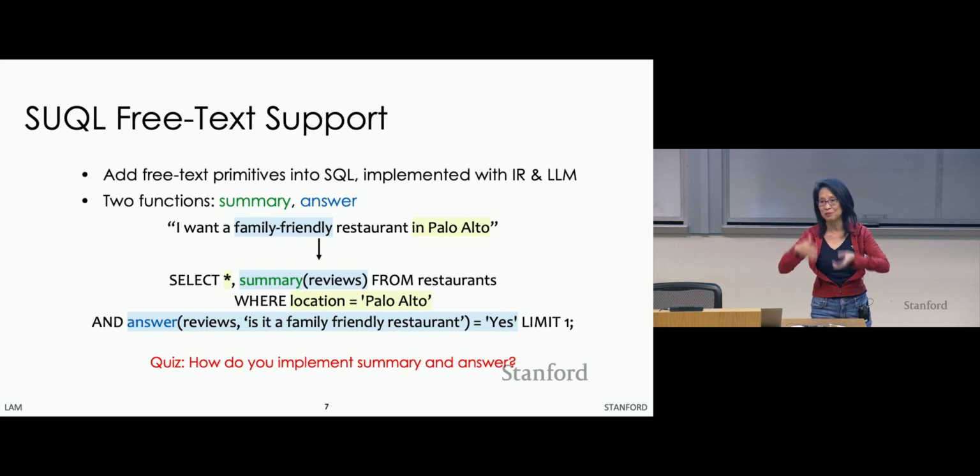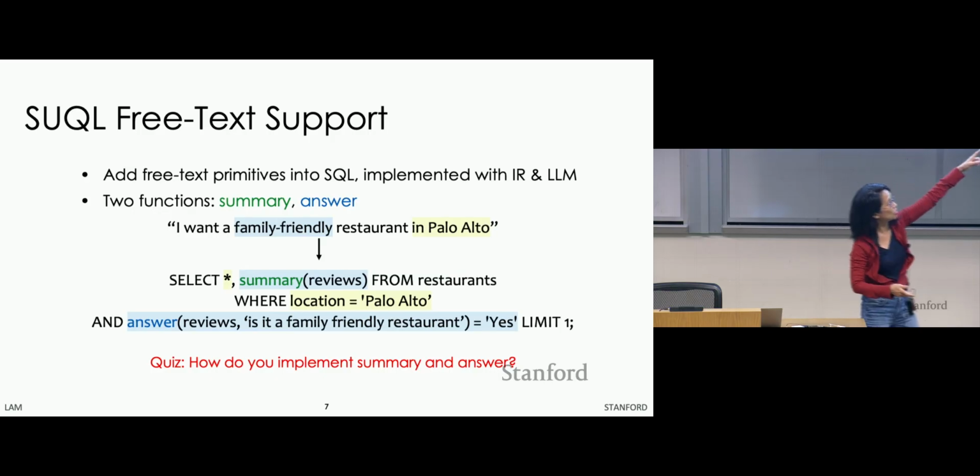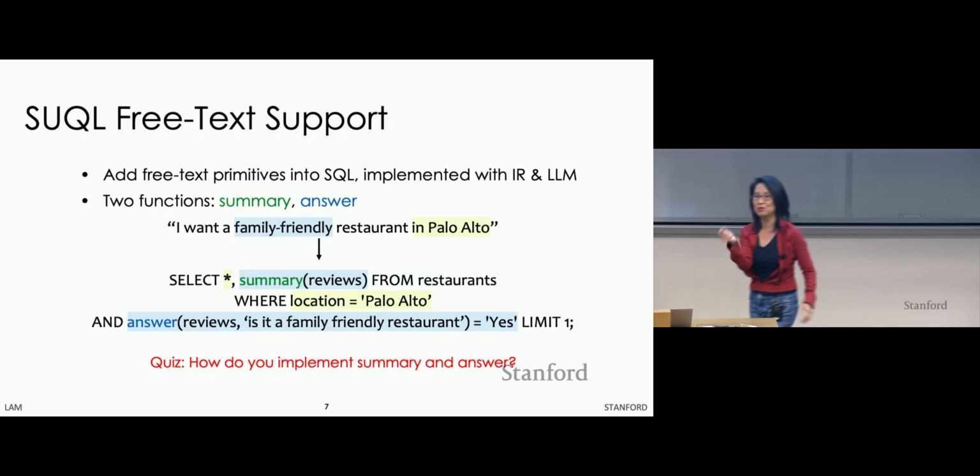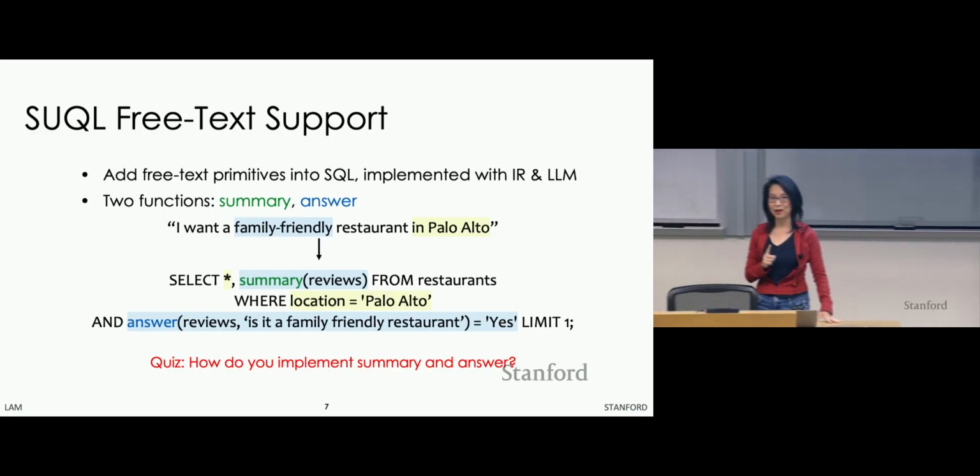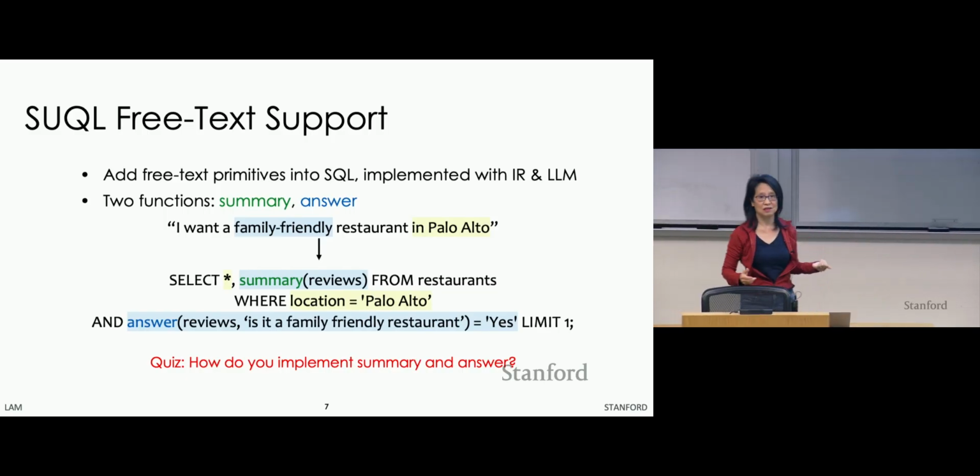That is the summary part. We're just going to be using the LLM, and you just prepare the data for it. Hopefully, if I have limited it down to just one record, it will be the reviews for that one record. Okay, what about answer?